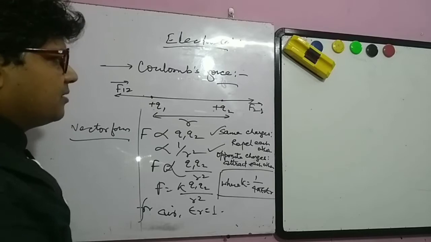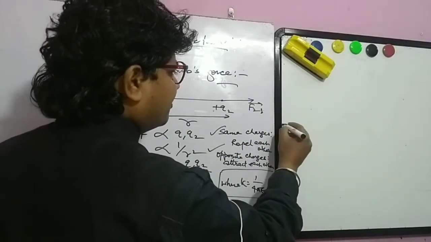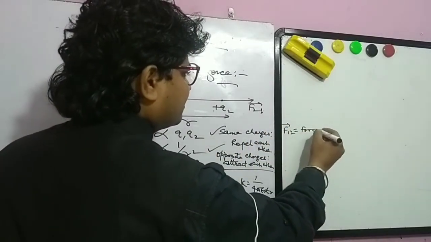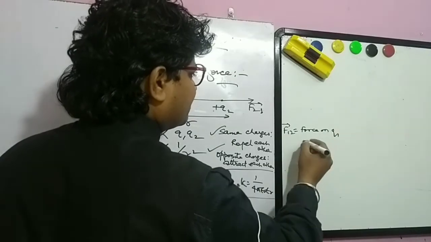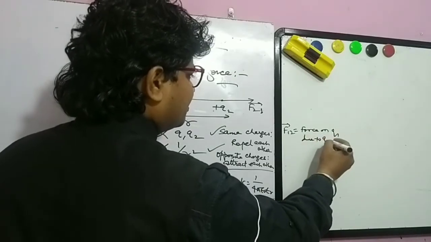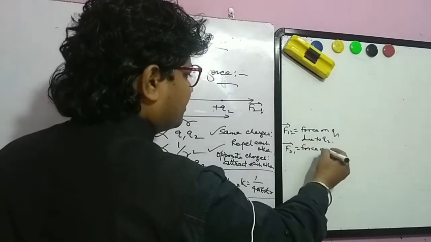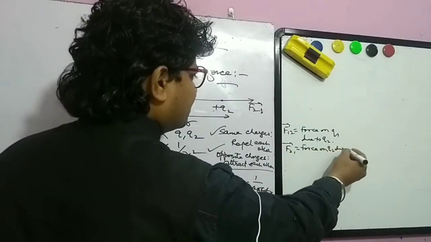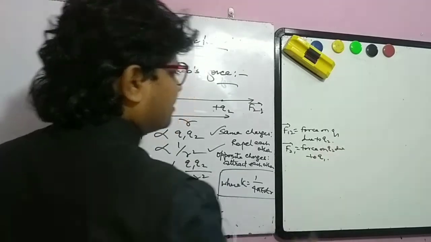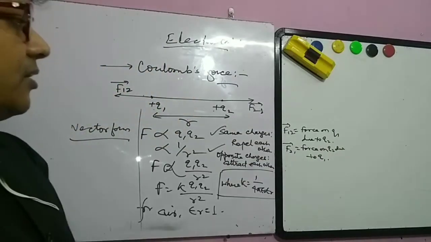So what we can write here, f12 is force on q1 due to q2, and f21 is force on q2 due to q1. So these are the two forces.